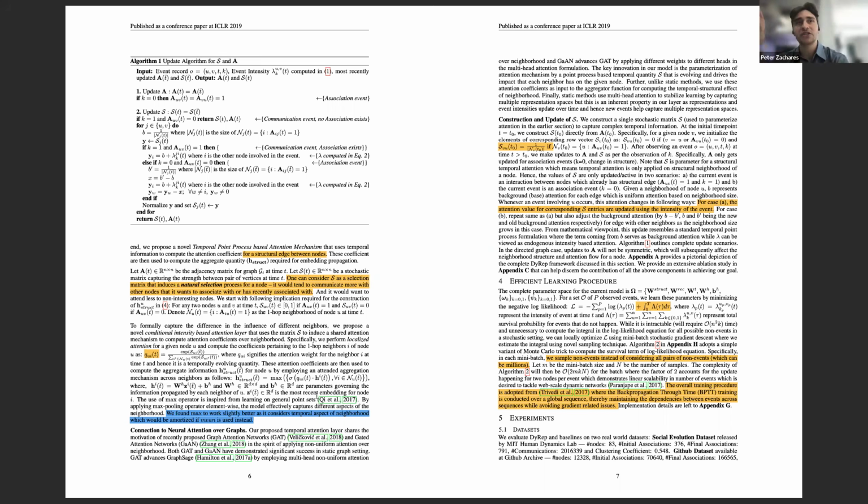Then you multiply each of them by Q, which is an attention mechanism, essentially weighting how important each of them is. Then you pass that through an activation function, sigma, and you take whichever representation has the highest activation, and that's what you use as hstruct.